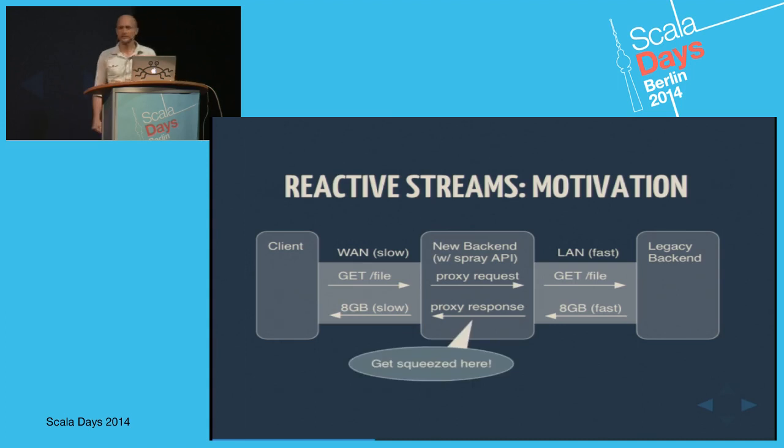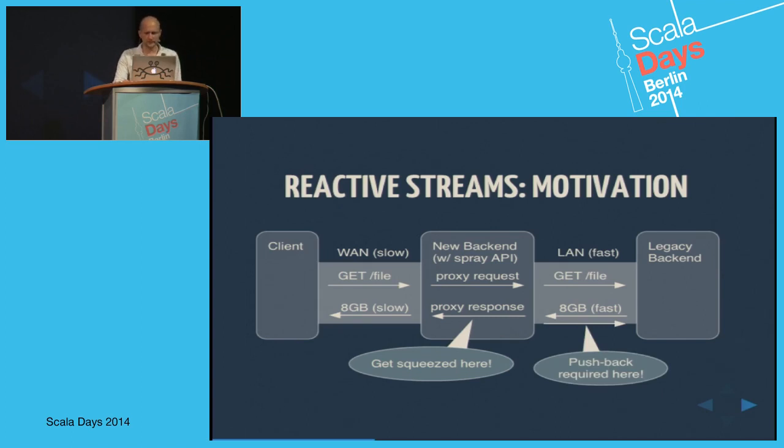You get squeezed. Because this thing is probably fast and delivers 8 gigabytes like this, but Spray sits there and says, okay, great, but I need to somehow funnel this over to New Zealand, right? So please, don't flood me with your data. So what we need is pushback there. And that's harder than necessary right now.